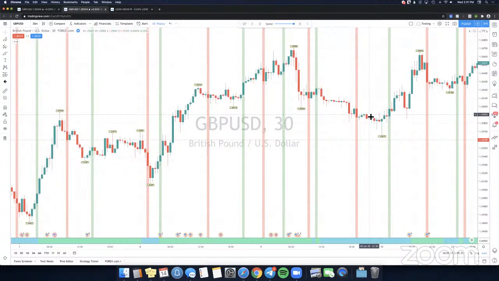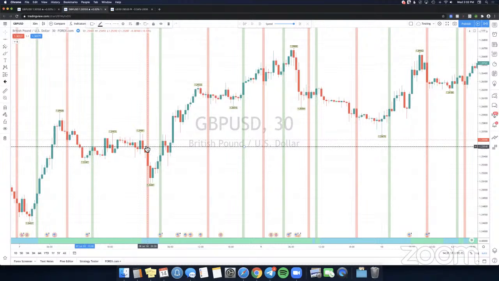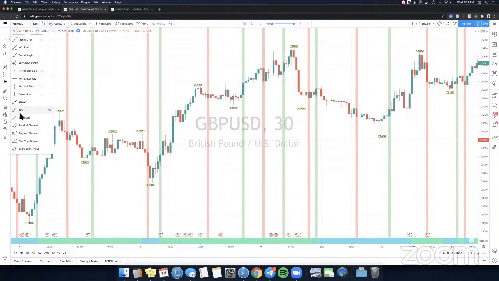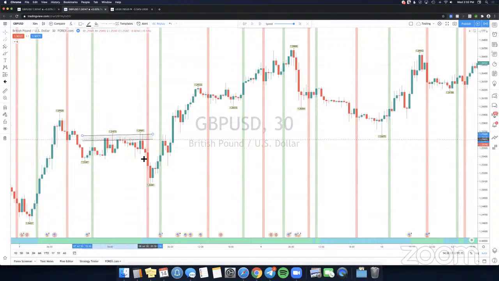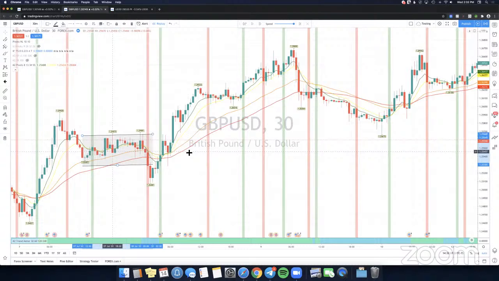So if there's no momentum in the market, say the market is just going flat, like it's going right here, there would be no entry there, because look at the pivots. They're not really trending in a direction.